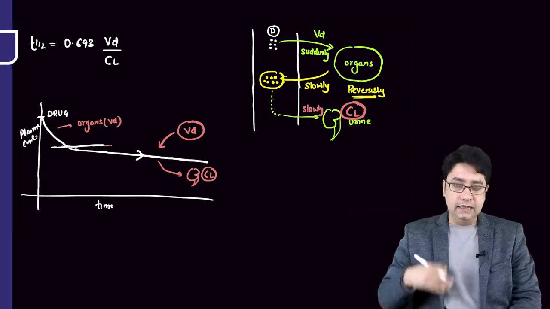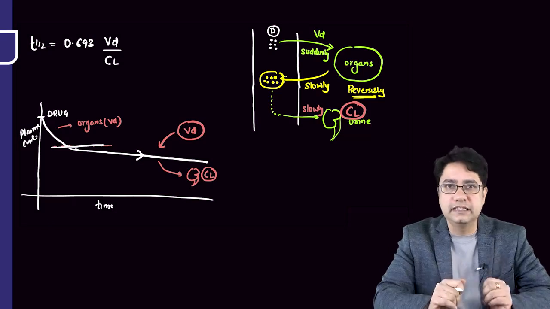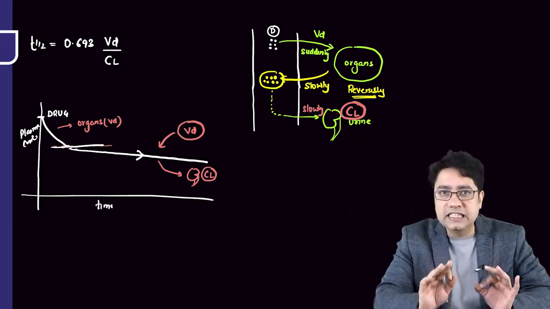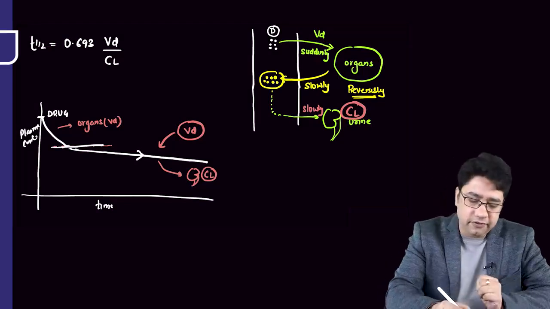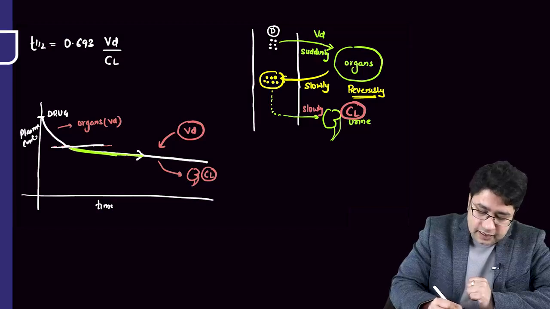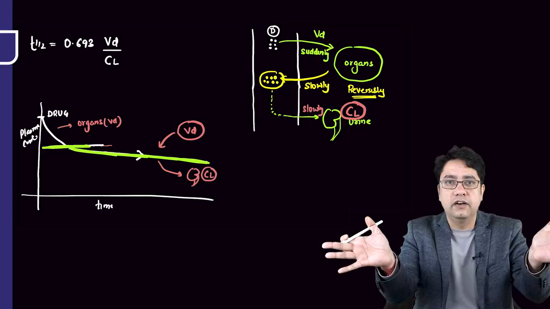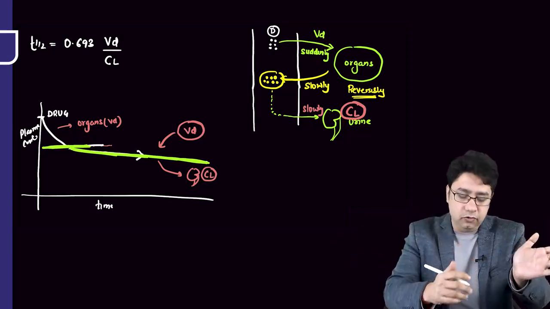Agreed? Now, a very important concept which you students don't understand. Beta, we start calculating half-life from this area. This is the area from where we start calculating half-life. So after the drug gets distributed into the organ, now it is again coming back into the blood.